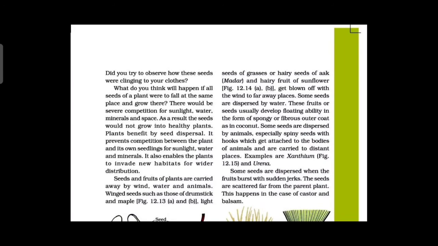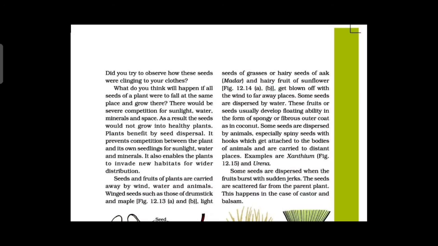What do you think will happen if the seeds of the plant fall at the same place and grow there? There would be severe competition for sunlight, water, minerals and space because all seeds are present in one place. So all the seeds need what? Sunlight, water, minerals and space for growing. So there is severe competition.